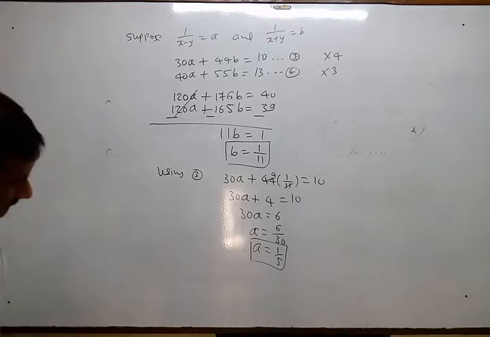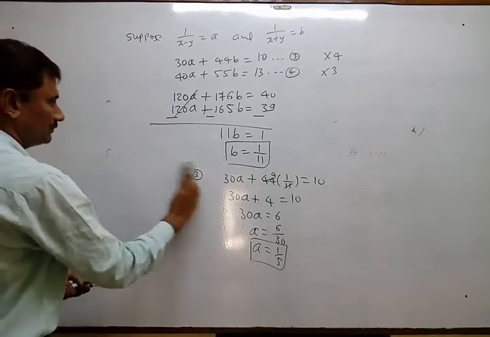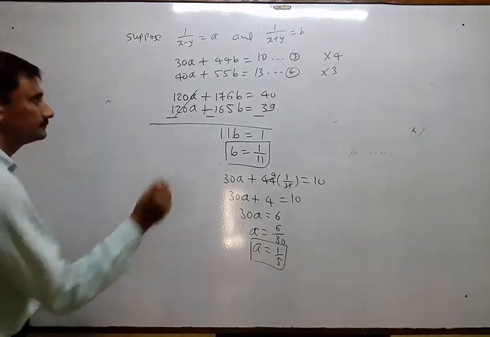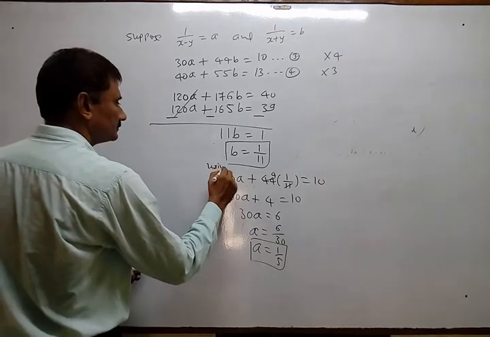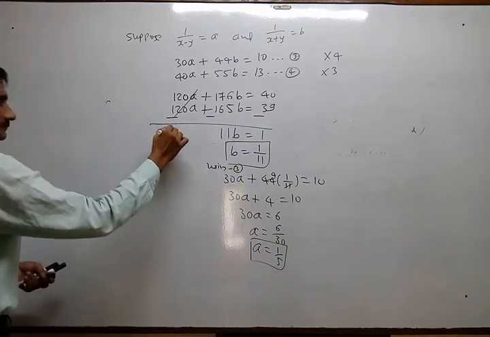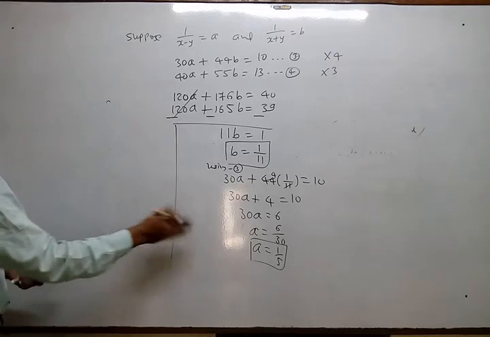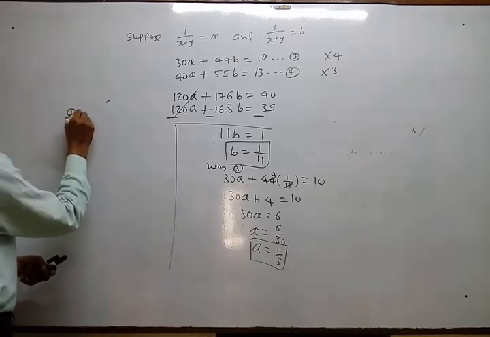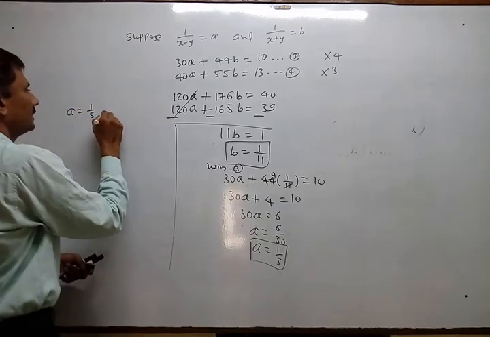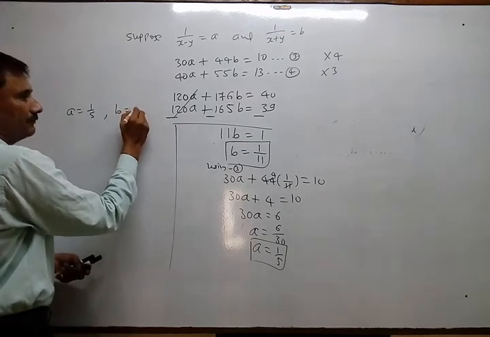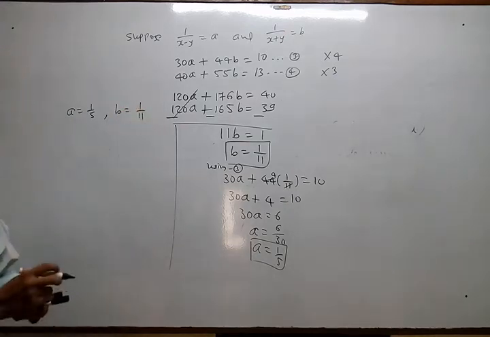Okay. So I just write both here: a is 1 by 5, b is 1 by 11.